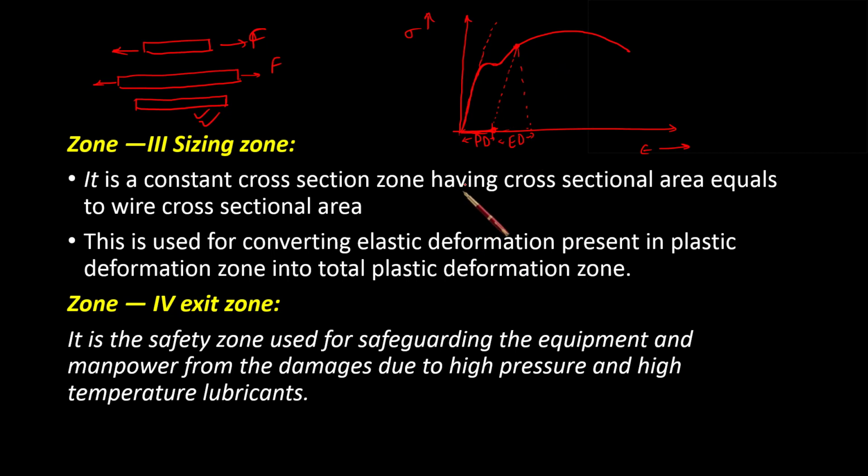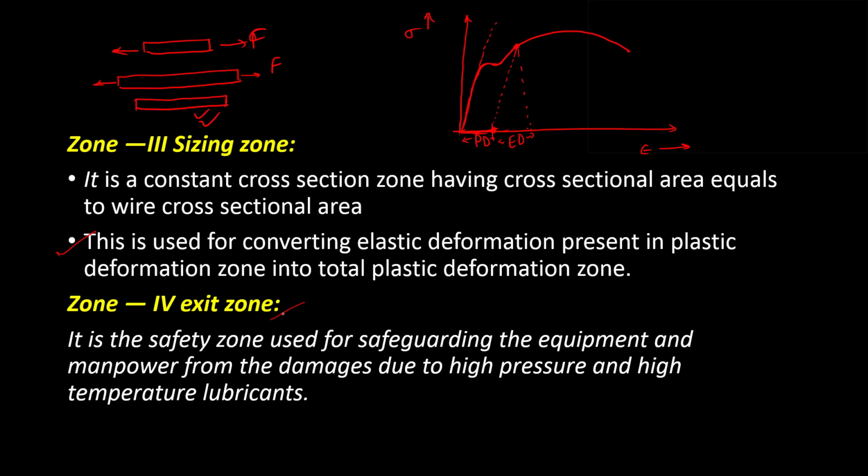So if we want this elastic deformation to convert into plastic deformation, then we need to keep it for some time. We need to maintain that pressure for a longer time. The longer you hold it, the more elastic deformation will convert into plastic deformation. Okay, so this point is clear.